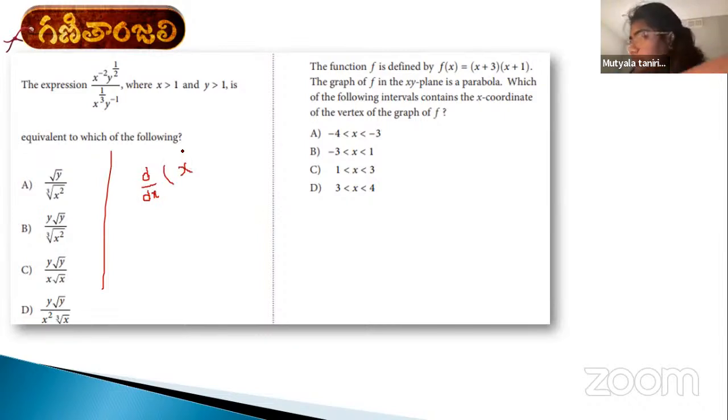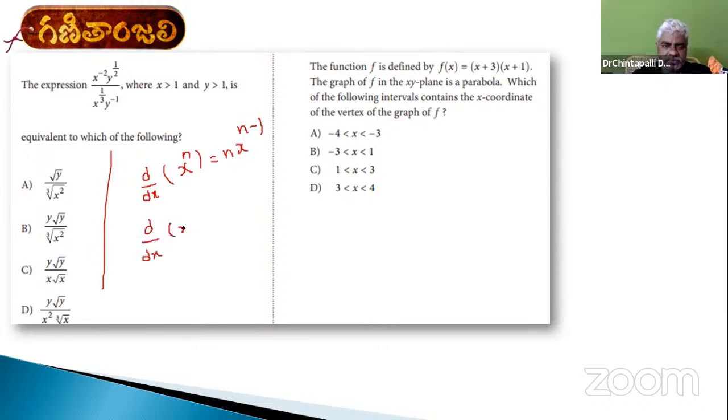The derivative of x to the power n is n times x to the power n minus 1. What is the derivative of x to the power 10? 10 times x to the power 9.